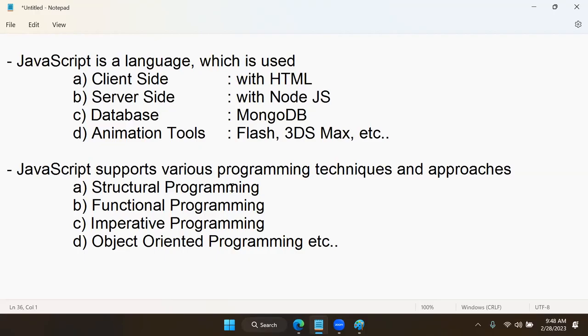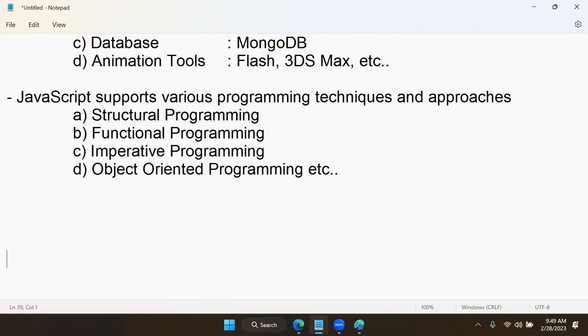Programming languages are of different types. They have different approaches, and JavaScript supports so many. Many programming languages are specialized in specific ones. Some are only structural. Some are only functional. Some are only object oriented, but JavaScript supports various. But there is a very important point you should know, about which many people have a wrong idea.